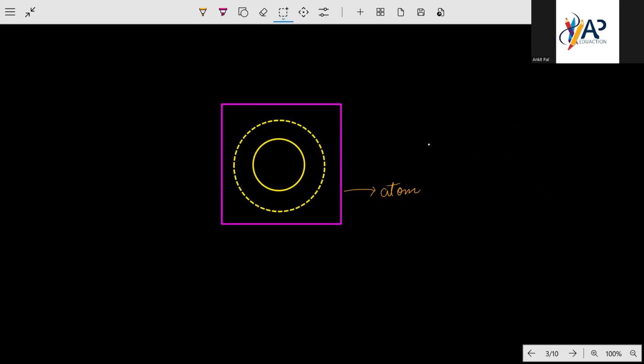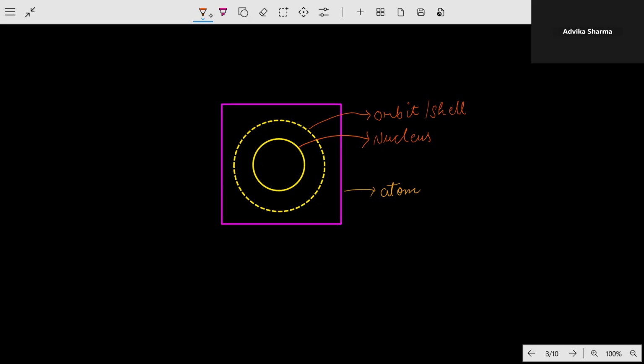Suppose that this is an atom. We know that inside the atom, this is a nucleus, right? Around the nucleus, there is an orbit. We can even say that it is a shell, right? Is there any doubt? Very good.